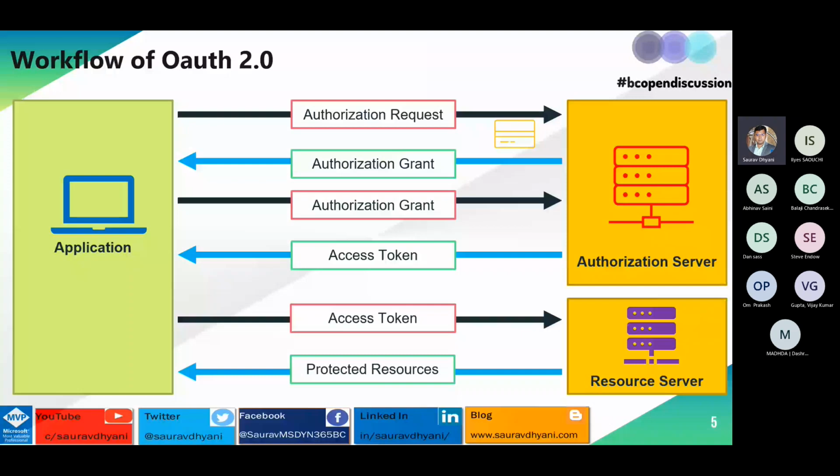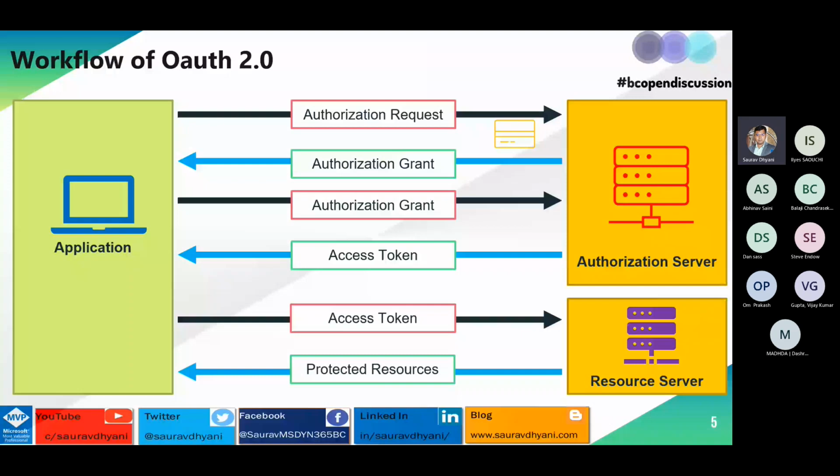But now the problem is: how will the Facebook authorization server know that this application is a genuine application, and that it is a valid application that I can interact with?